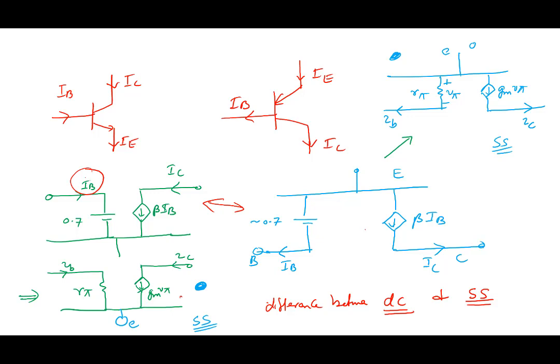This is DC. It cannot be negative. The base emitter junction has to be forward biased. It has to be positive. Can IB be negative here? It's a change, right? Change could be positive or negative. This could be positive or negative. There's nothing about it, it's a change.